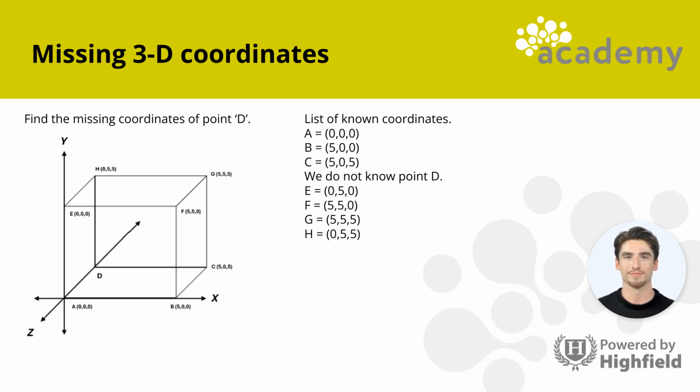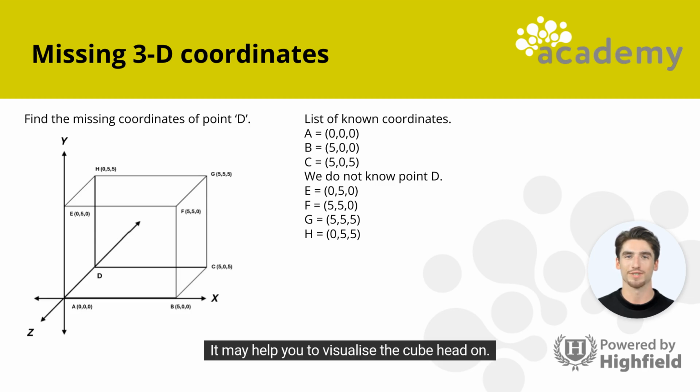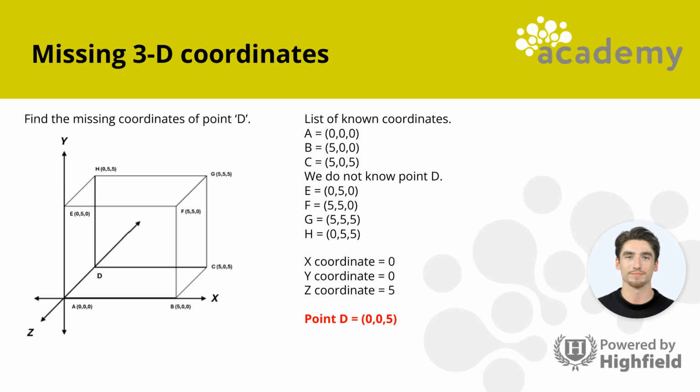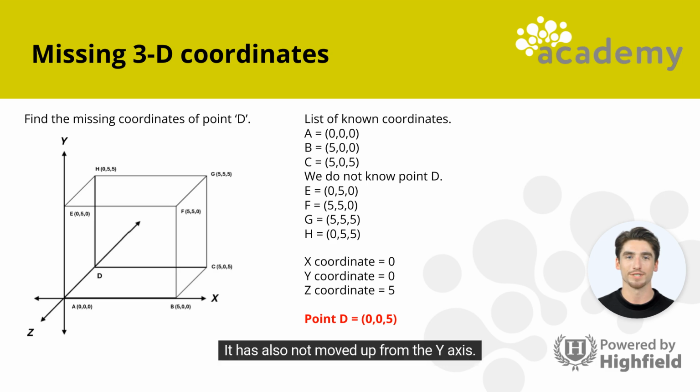Let's look at D. It may help you to visualize the cube head-on. Point D has not moved left or right from the start of the x-axis. Therefore, the first coordinate is 0. It has also not moved up from the y-axis.